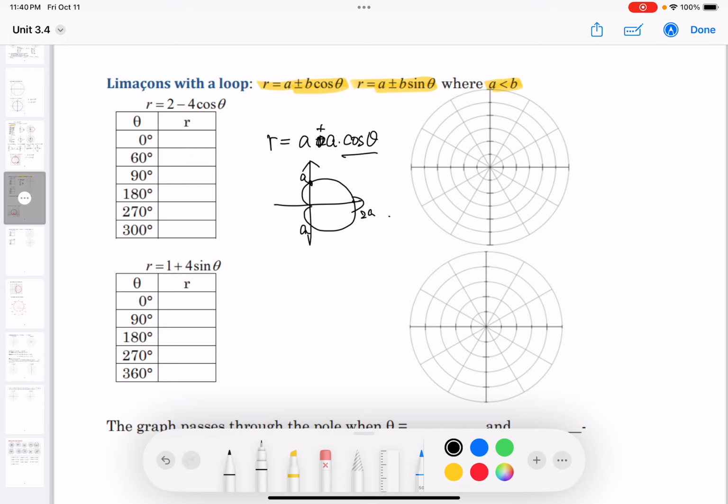Now we have a shape which has the inner loop. That means we need to have an inner loop. So a and a are not the same. Second, b has a greater value than a. This shape makes me think about my daughter putting a balloon inside a bottle.